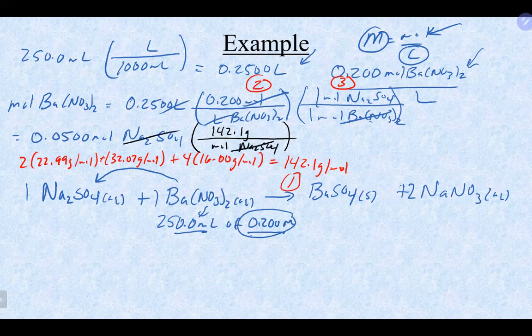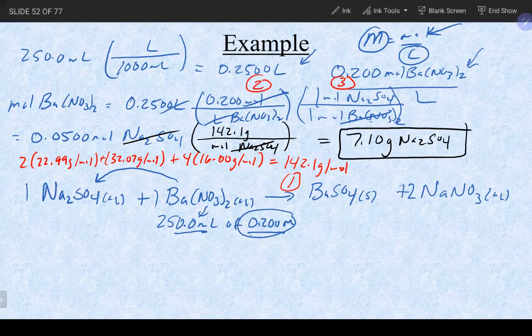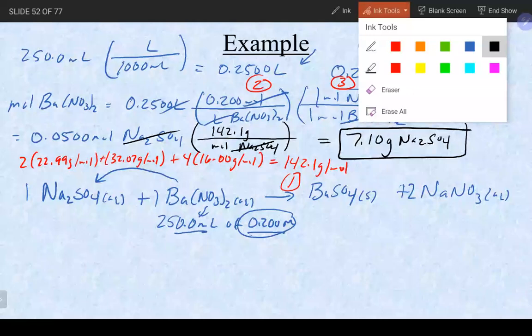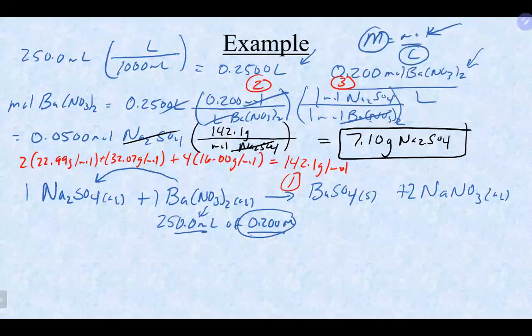The moles of sodium sulfate will cancel, and that gives me 0.05 times that, which is something like 7.10 grams. So in this reaction, we would have to toss in 7.1 grams of sodium sulfate to get this reaction to go. And obviously that would be our fourth step here.